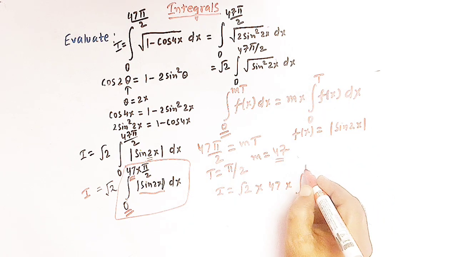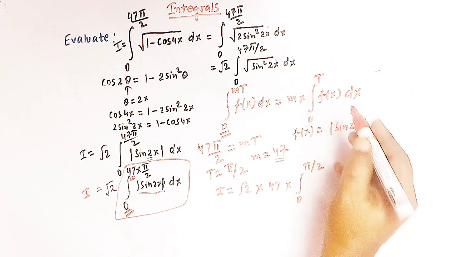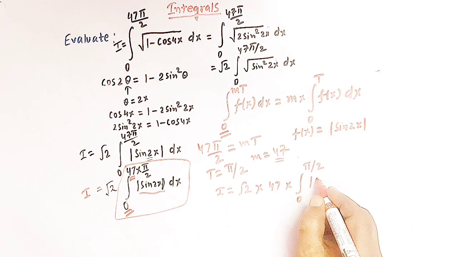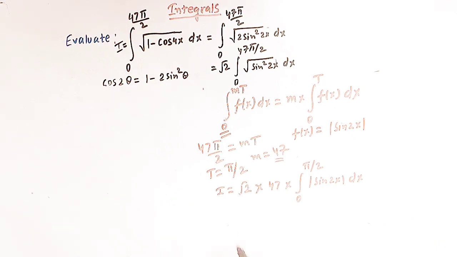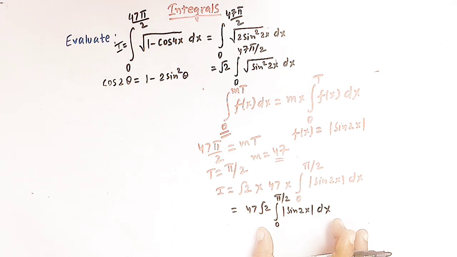T is pi by 2, and f of x is mod of sine 2x, right? So now the value of I is 47 root 2, and here we have 0 to pi by 2, mod sine 2x dx. So now we have to find out the value of this integral, right?